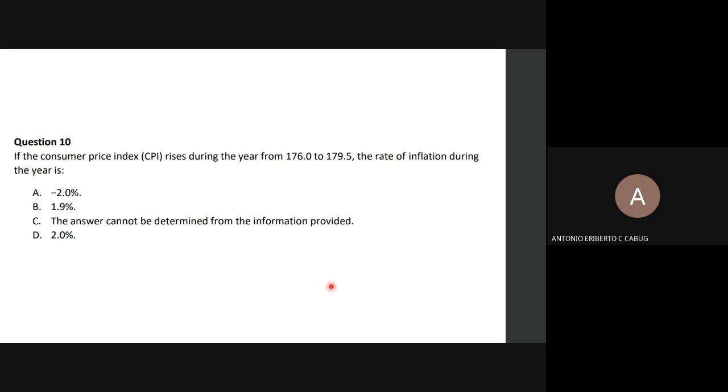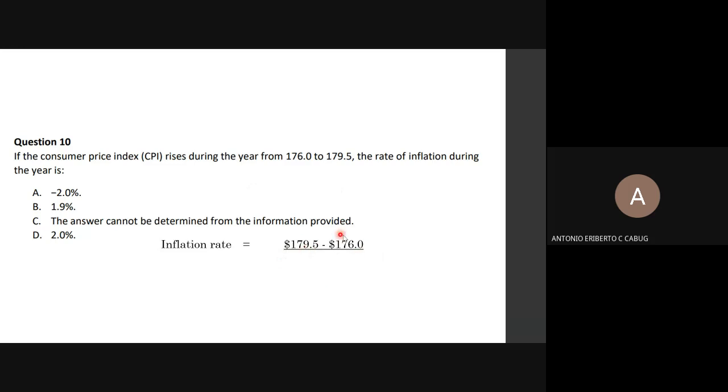Everyone, pakilatag ang sagot. Is it A, B, C, or D? Everyone. The CPI rises. Consumer Price Index rises during the year from 176 to 179.5. The rate of inflation during the year is 179.5 from 176.